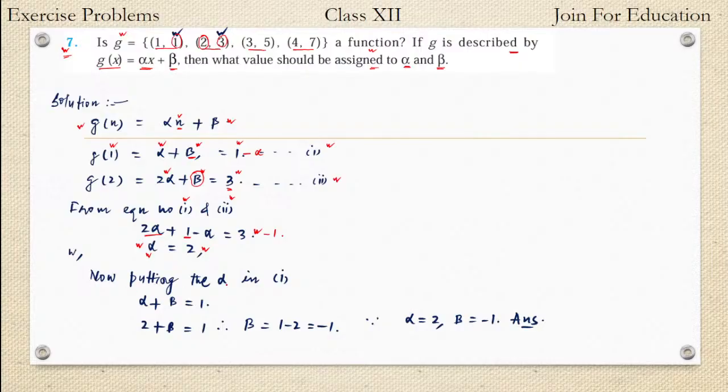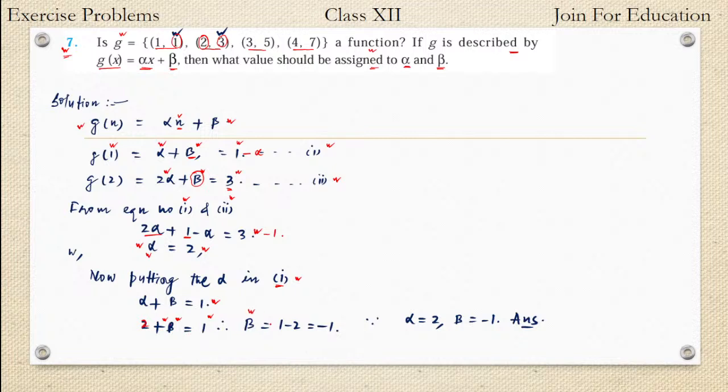Now putting the value of alpha in any one of these two equations, I used equation number 1. So alpha plus beta equal to 1, and the value of alpha is 2. So I have written here 2 plus beta equal to 1.